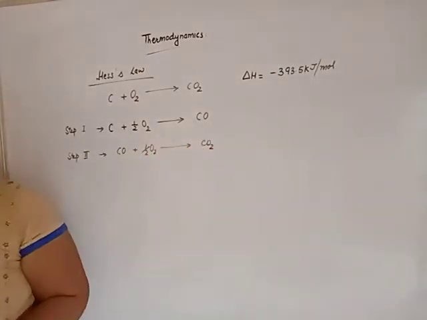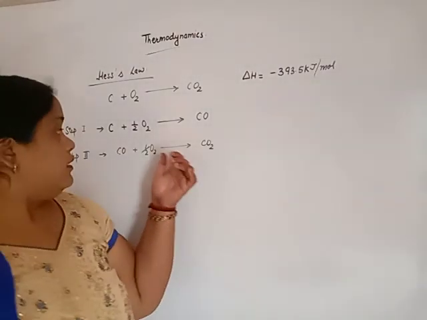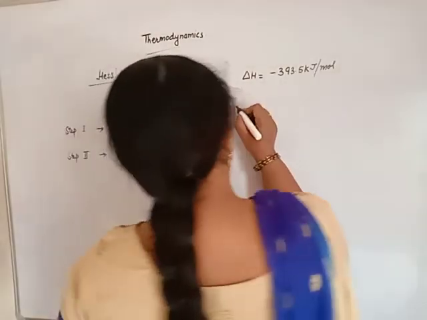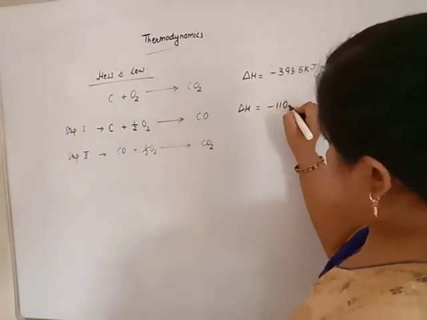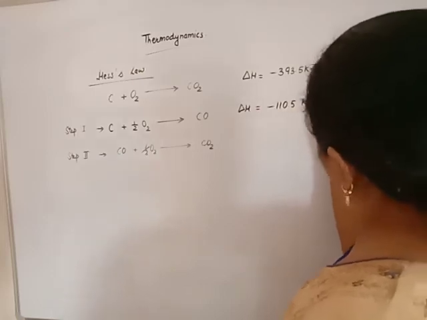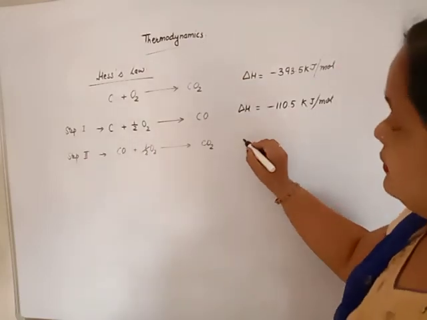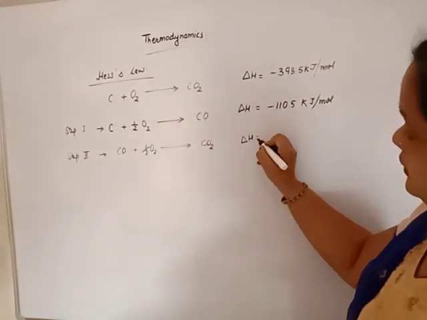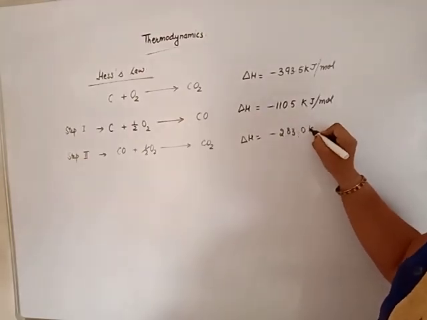The energy change during the first process is minus 110.5 kilojoule per mole, and when carbon monoxide is oxidized to carbon dioxide, the energy change is 283 kilojoule per mole.